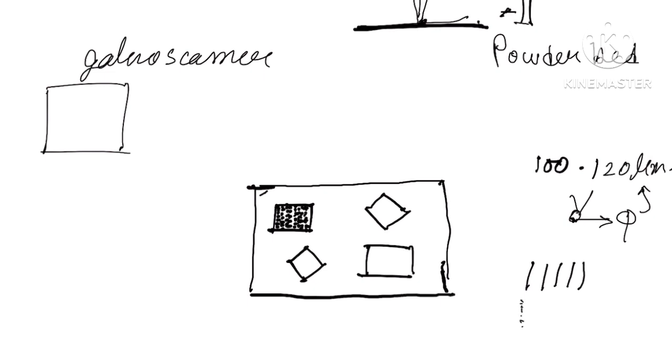But in actual, the laser beam scanned like this over the powder bed. So the galvo scanner is doing that work. It is making the laser beam move over the build plate, over the powder bed so rapidly that we see a strip of laser beam instead of the single focus spot. So this is one advantage of using the galvo scanner.